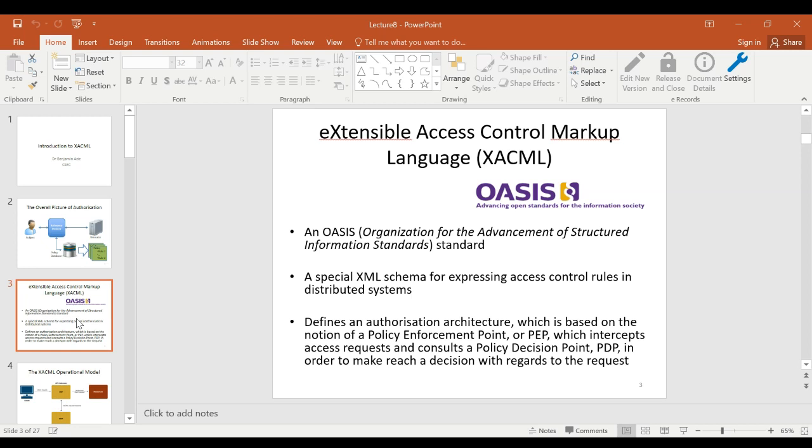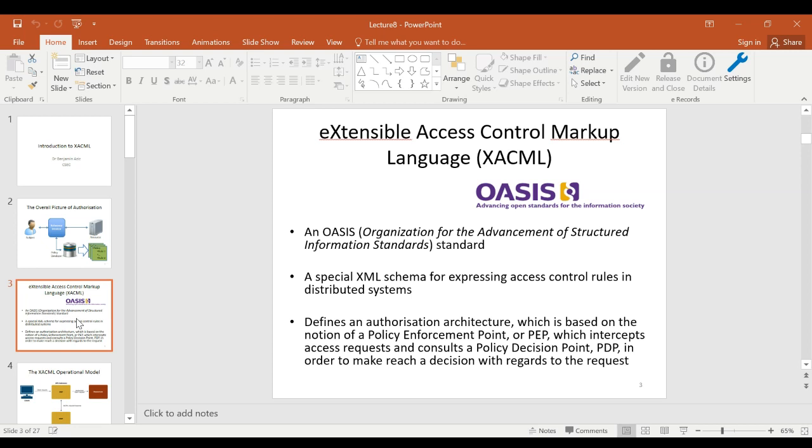It is not just a language, it also defines an architecture. So it gives you the language and the meaning of that language, but it also defines an architecture that you can take off the shelf and implement in your organization.